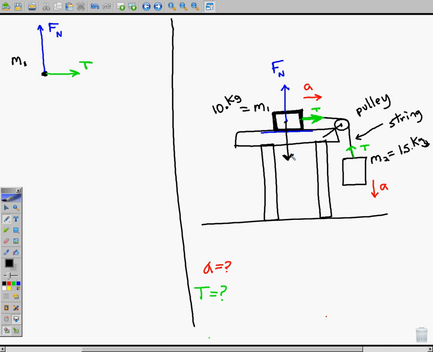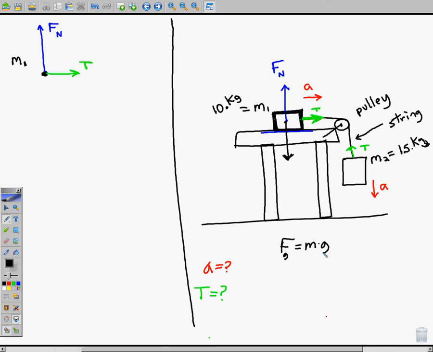Now, instead of labeling that F sub G, what's a very common practice is to remember that the weight force, F sub G, is equal to the mass of the object times the acceleration due to gravity. So instead of labeling that F sub G, the weight force, the cool thing to do, all the cool kids are doing it, is to label it mg instead.